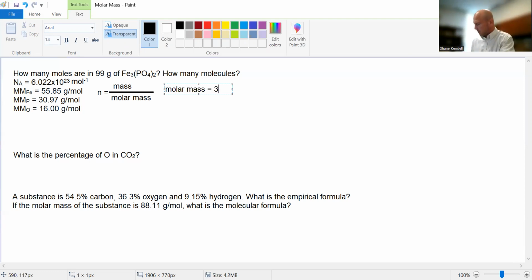And so it's going to be 3 times my iron molar mass, which is 55.85. I'm going to add to that my 2 phosphoruses. I'm going to add to that my 8 oxygens. So I'll put this all on one line so it's a bit easier to see.